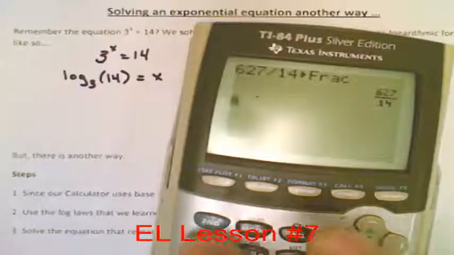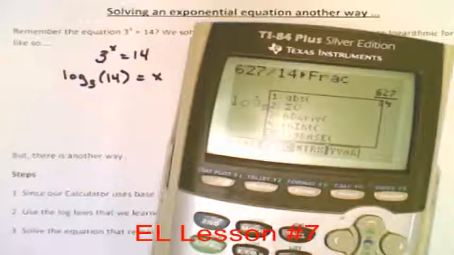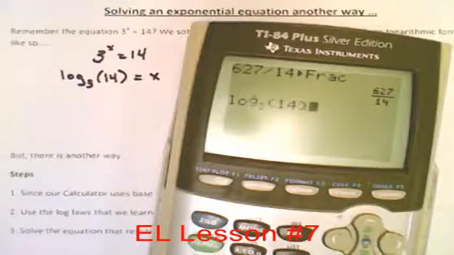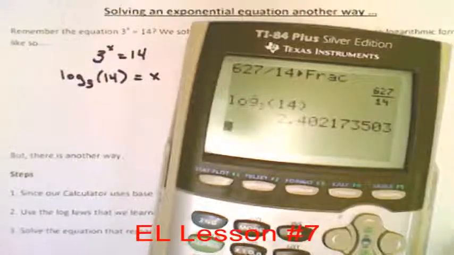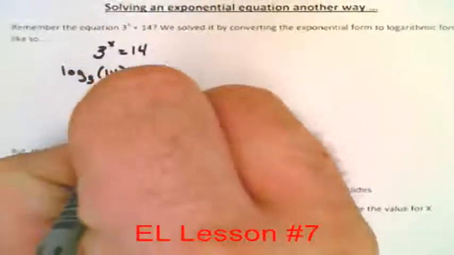Then I go through, remember, I turn on my calculator, I go alpha, go into this other menu, the log base 3 of 14, and I get that x is 2.402.